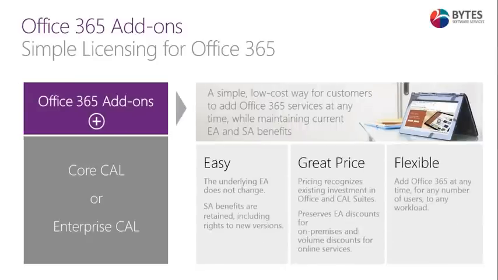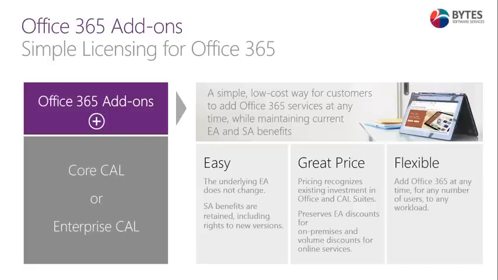So customers that have software assurance on the Core CAL or the Enterprise CAL suites, and also have Office Pro Plus licensed through an enterprise agreement or through a Select Plus agreement, again with software assurance, can purchase Office 365 through a discounted part code called the Office 365 add-ons.